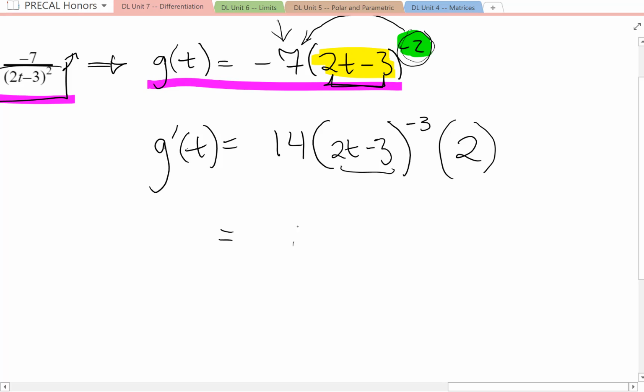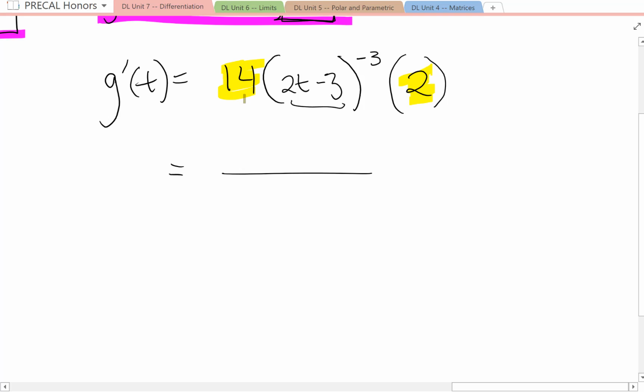I'm going to draw a fraction now and just decide where everything goes. 2 and 14 are in the numerator, so 2 times 14 is 28. And 2t minus 3, this whole quantity is being cubed, but it's being cubed in the denominator.